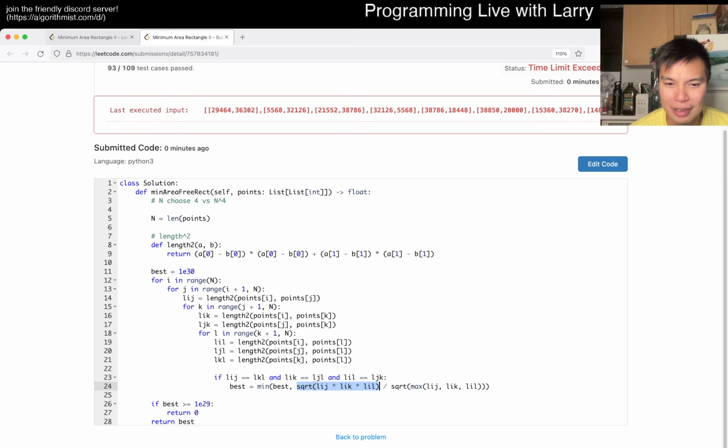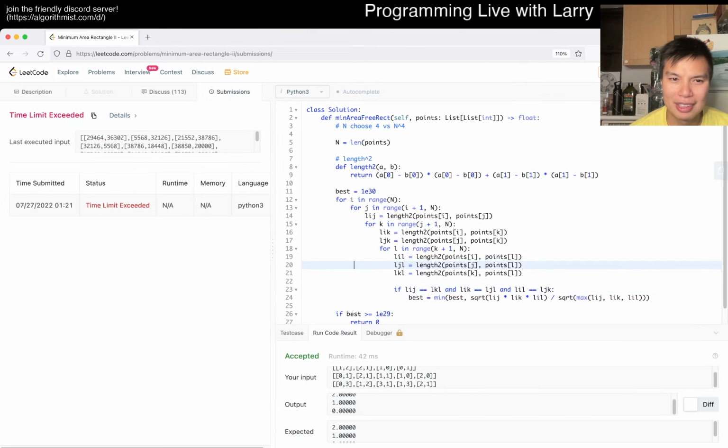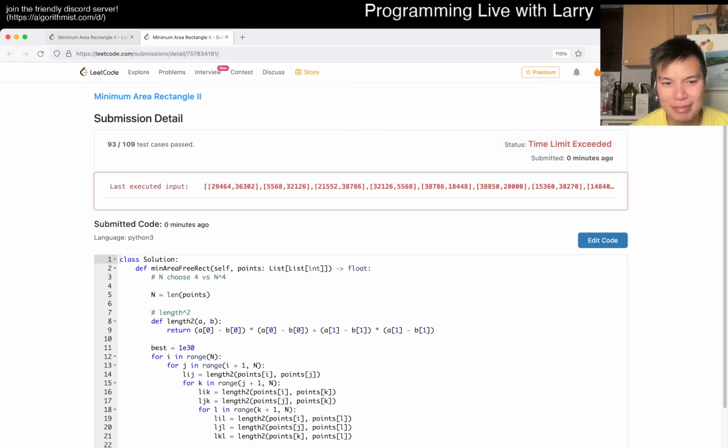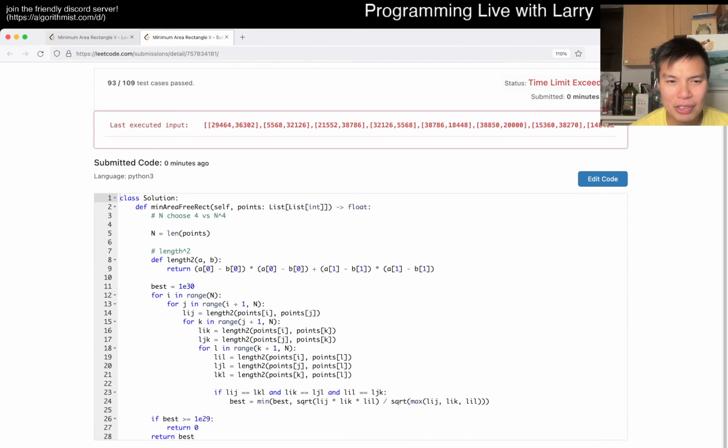And you can maybe delay the square root until later, but I'm trying to think whether, because we don't do that many things, but I guess there are just a lot of cases. Because like we said, 50 choose 4 is like 200,000 or something.